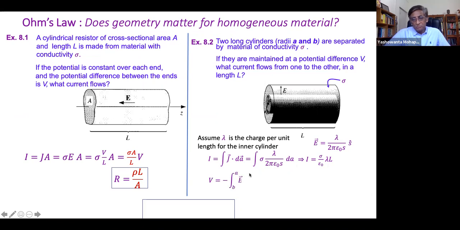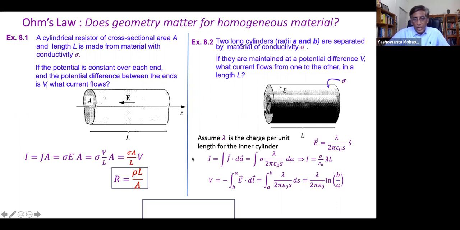In the meantime, I can also calculate the potential V. Potential V is minus integral from b to a of E dot dl. E I already know, and dl I know, from here to here, and hence it is lambda by 2 pi epsilon naught ln b by a.